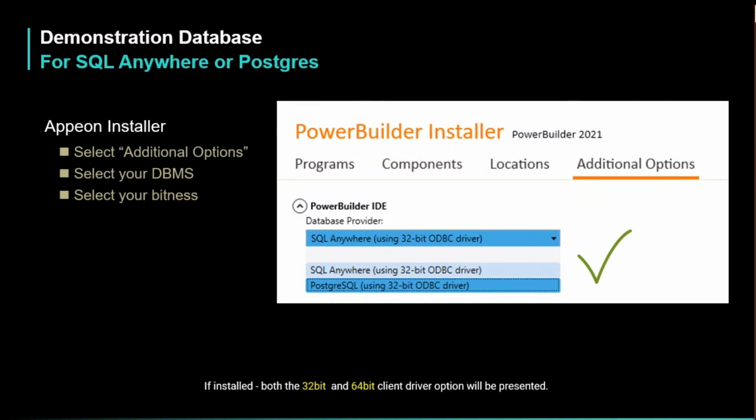And if so, it's going to ask you which SQL Anywhere or Postgres version you want. And then you have to choose whether you're running a 32-bit environment or a 64-bit environment. On my machine, I'm running both of these DBMS, and of course the server itself is 64-bit, but I choose that the PowerBuilder IDE is connecting via the 32-bit only ODBC driver.